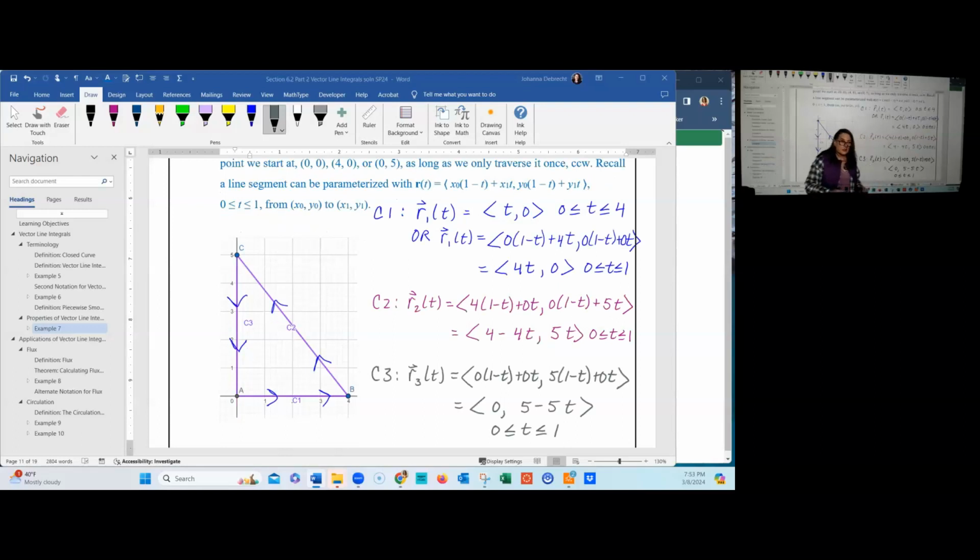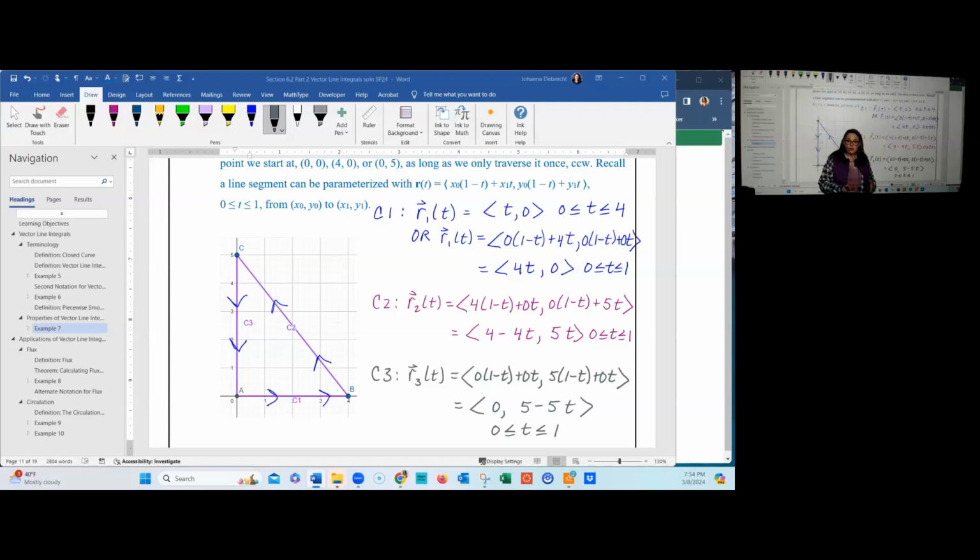So let's take a look at the parameterizations. There are infinitely many ways to parameterize a line segment, but 2 obvious ones are to let x be t on the horizontal line segment between the origin and 4, 0, and to set y to be 0. Then t would vary between 0 and 4.